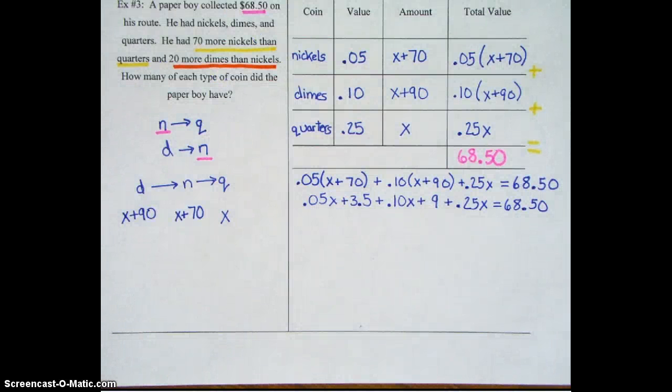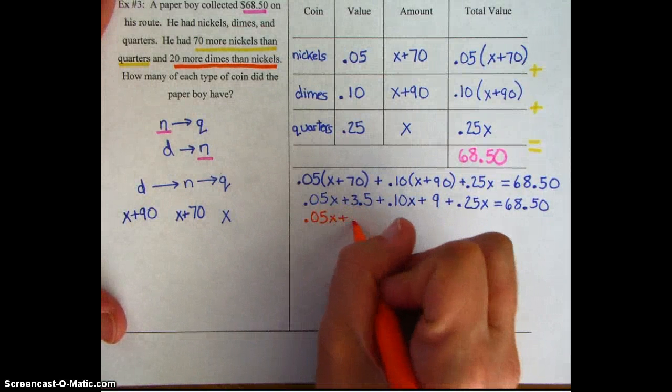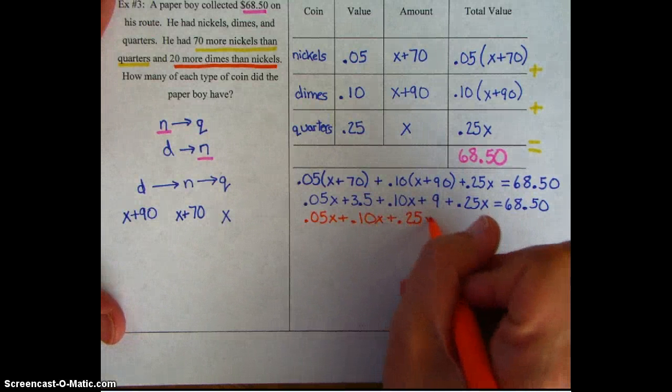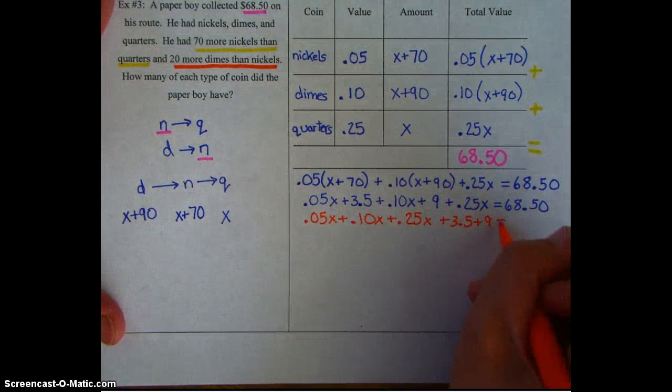If we rewrite things with variables all together, we'll put the 0.05x plus 0.10x plus 0.25x together, and then we'll put the 3.5 and the 9 all together on the end.